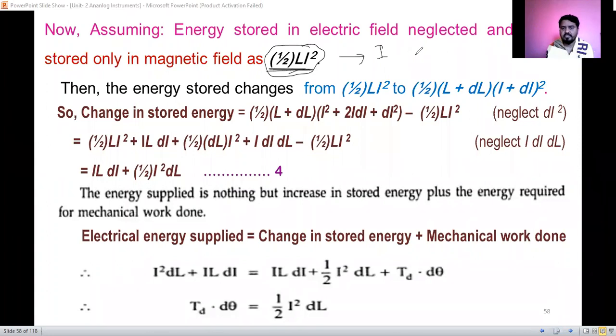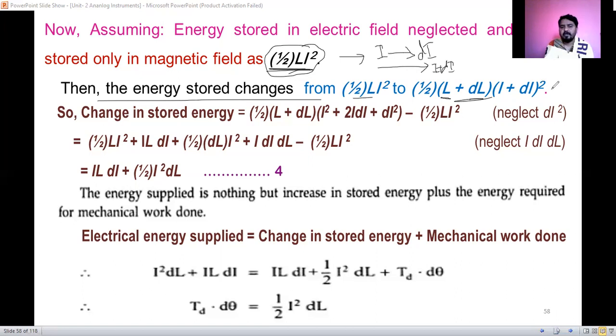Next, when the current changes by di, the energy stored also changes from 1/2 Li square to 1/2 (L plus dL) into the total current, which is I plus di, whole square. So the total energy changes, with L plus the change in the inductance dL.